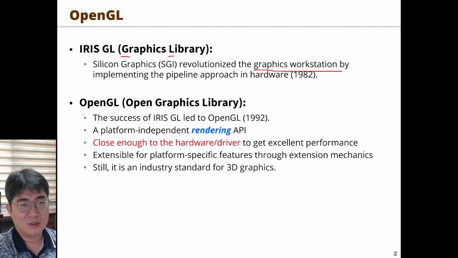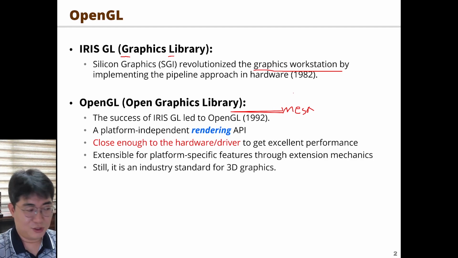Of course, there's an open source version in the Linux community, which is called Mesa. But usually, OpenGL made by the vendors of graphics cards is not open sourced. The only thing open is that we can use it.